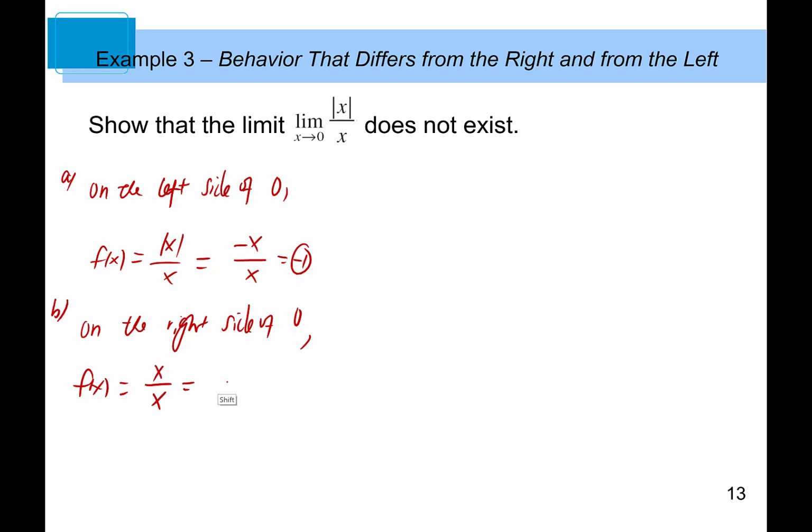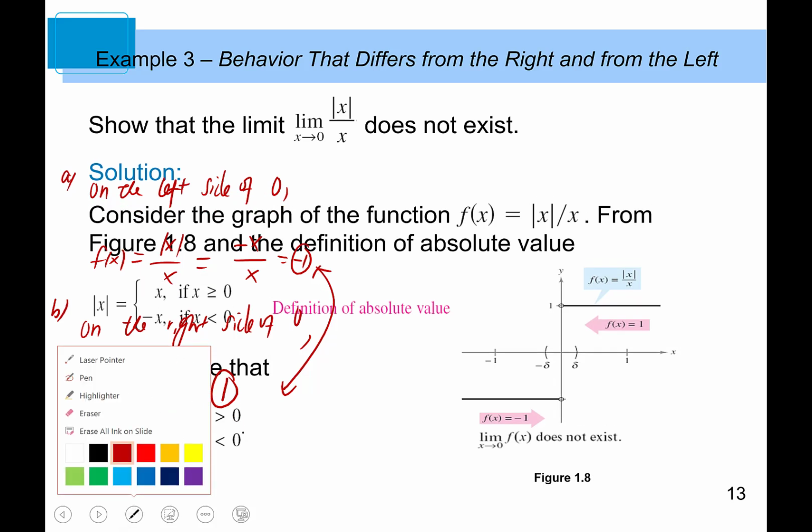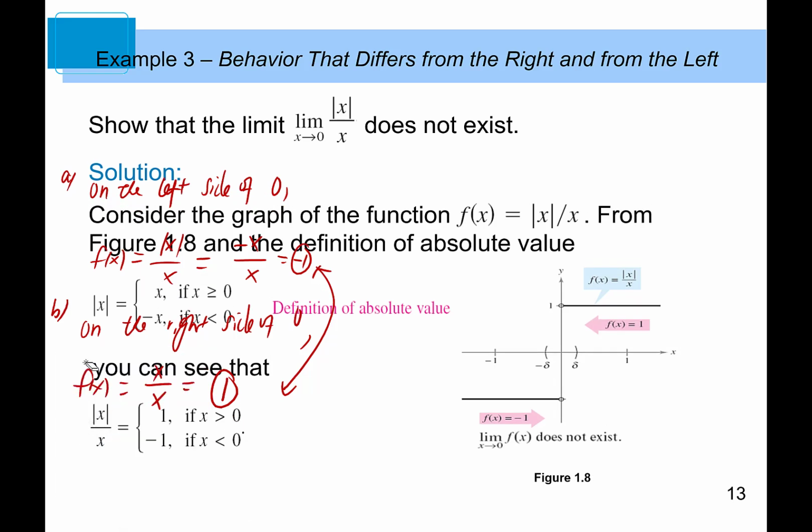You get x over x, which is 1. As you can see, these two numbers are not equal to each other. So algebraically speaking, the limit does not exist. But let's take a look at the detailed solutions, why this limit does not exist.